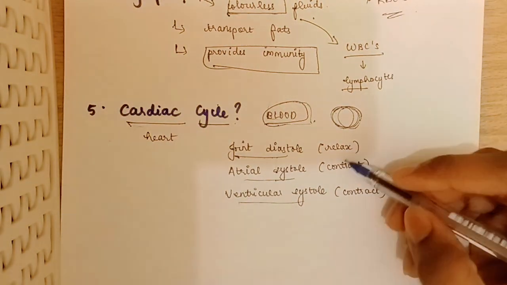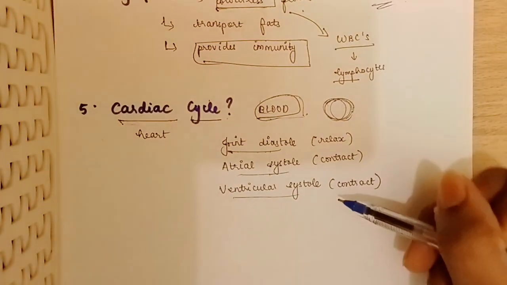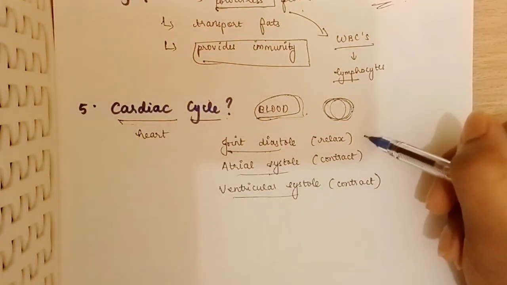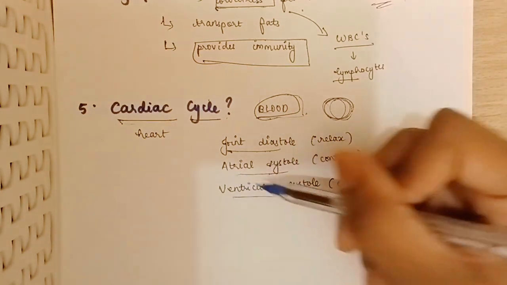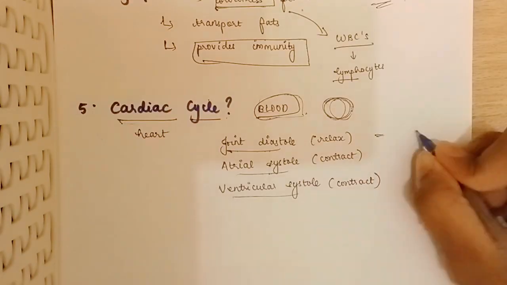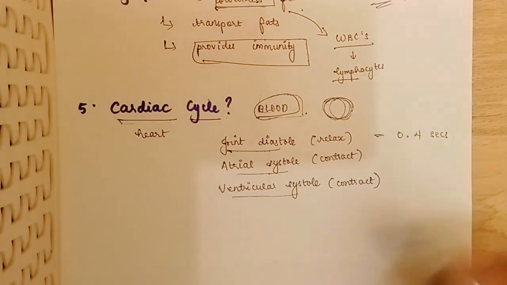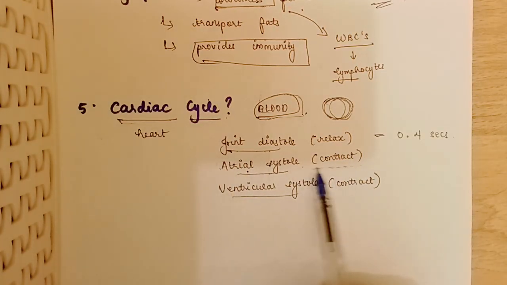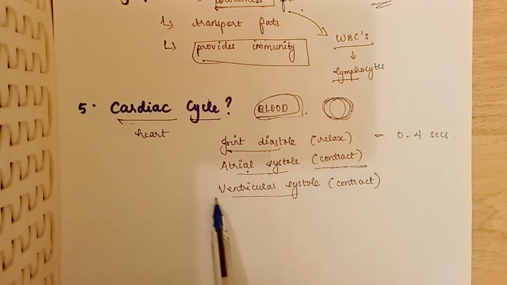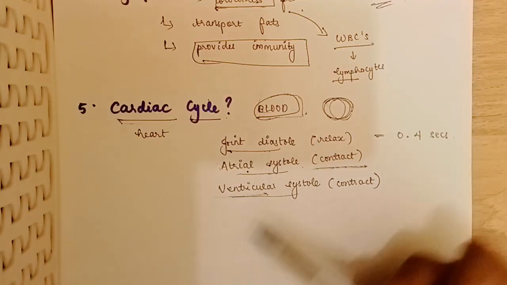Joint diastole is when both the atrium and the ventricle relax at the same time. When they relax at the same time, blood fills up in both the atrium and the ventricle, and that is for 0.4 seconds. Now here, atrial systole, the atrium contracts. When the atrium contracts, the ventricle relaxes, so the ventricle will be filled with the blood.